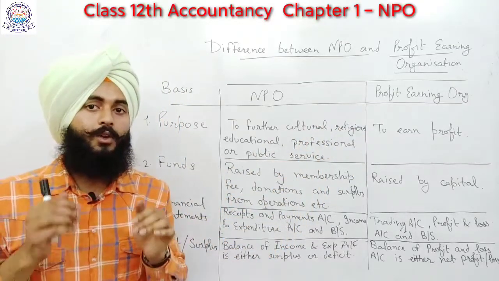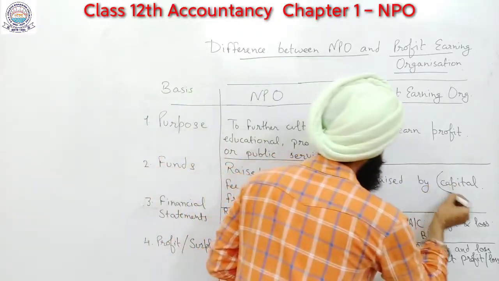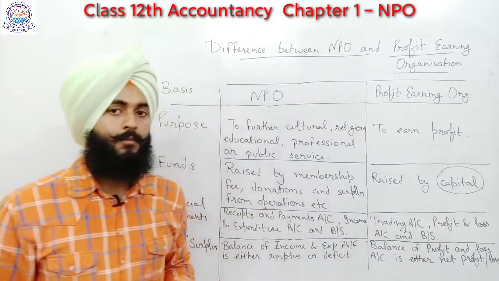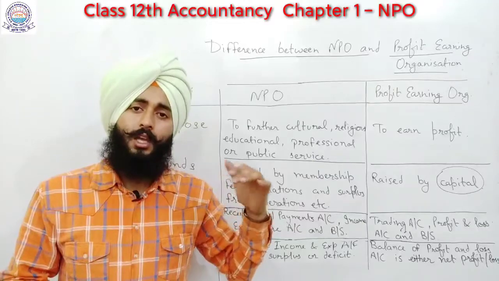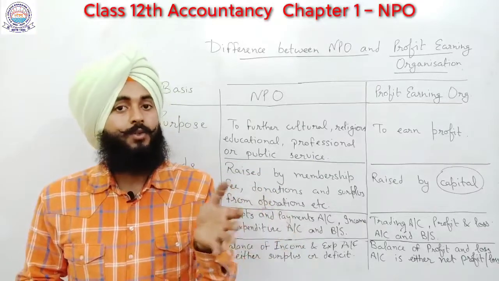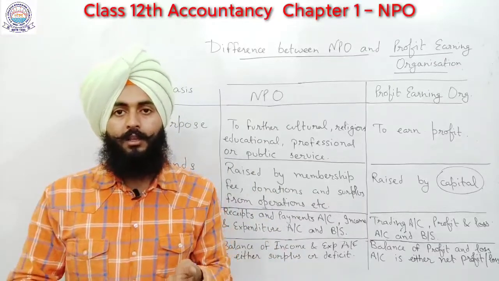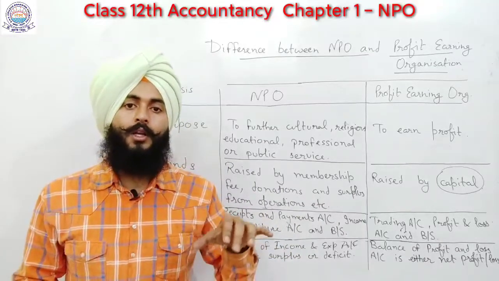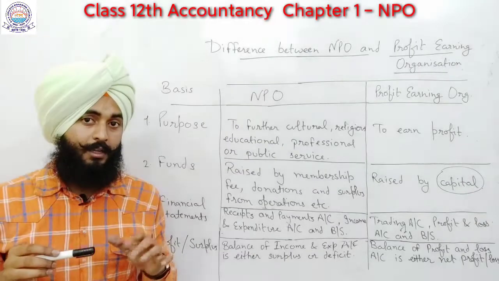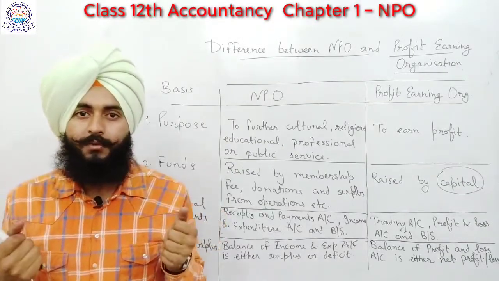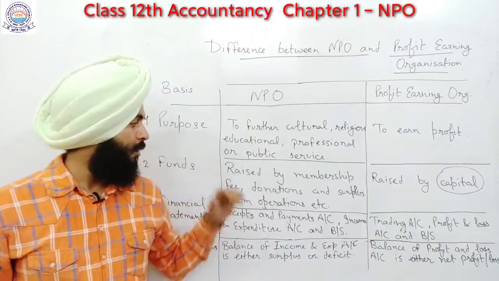Funds जो है in the normal business organization is raised by, you already know I think, capital. Okay, capital which is invested by a proprietor in the case of sole proprietorship, capital is invested by partners in the partnership firms, or it may be share capital in the companies. But in the case of NPO there is something specific. We don't have any specific type of investment here.